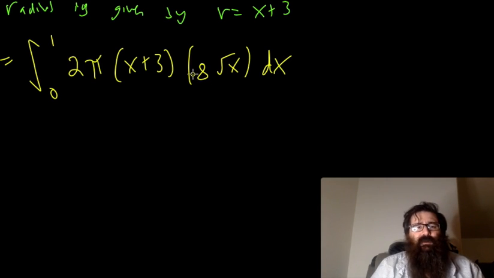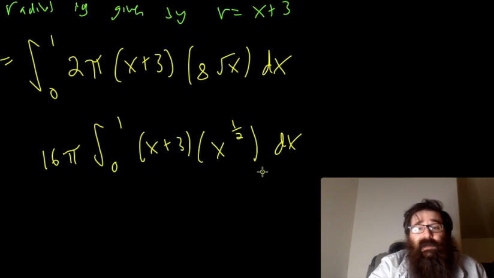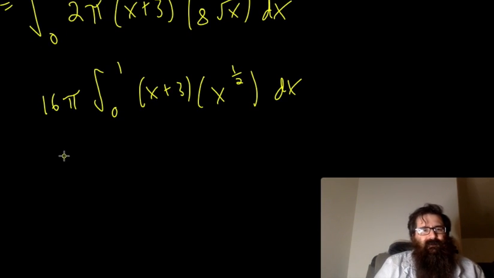We're ready to start thinking about integration. Well, okay, so let's multiply the 8 and the 2 and bring that out. That's a 16 pi that I can bring out as a coefficient. The integral from 0 to 1. But I still have x plus 3 times square root of x. Or I'm actually going to write square root of x as x to the 1/2 power. It's going to help me out with integration, right? So what do I have here?